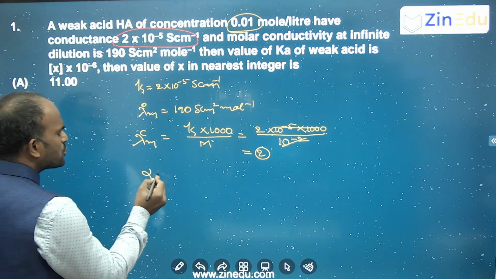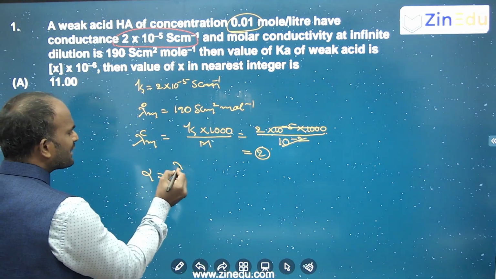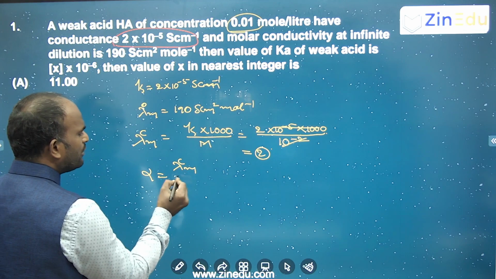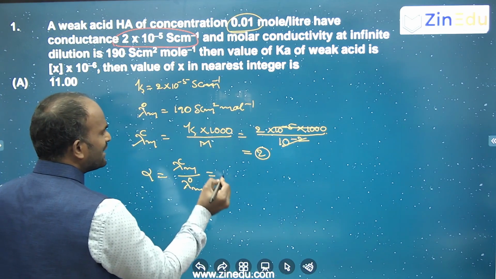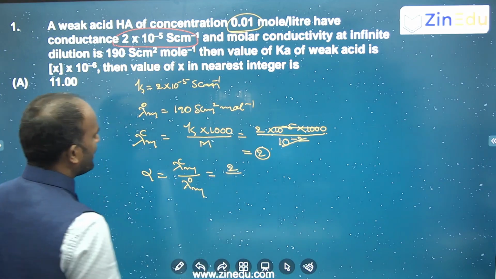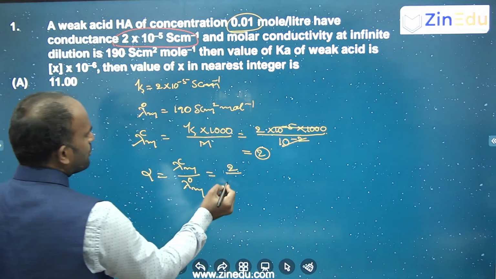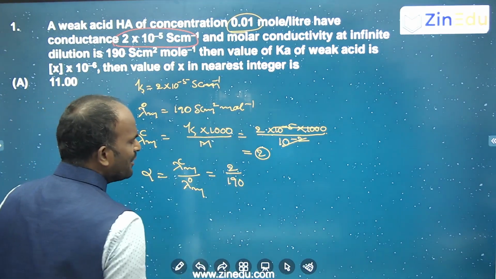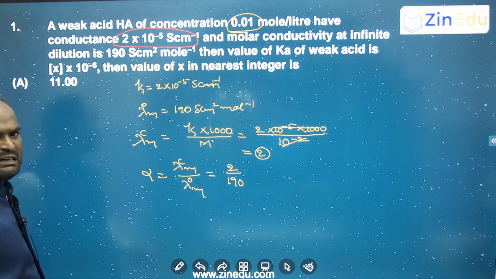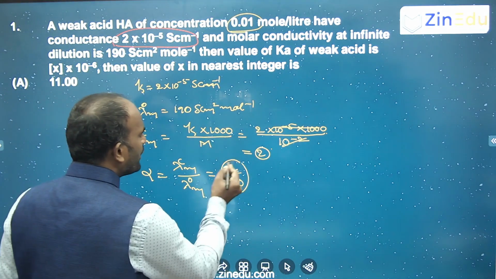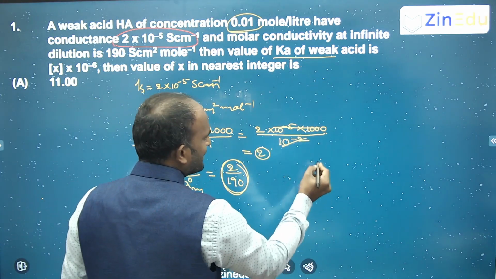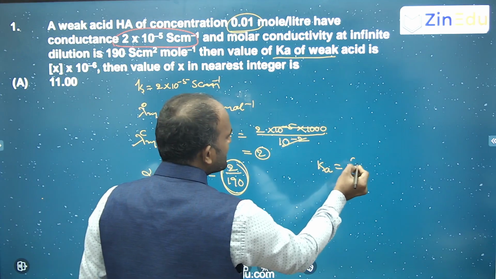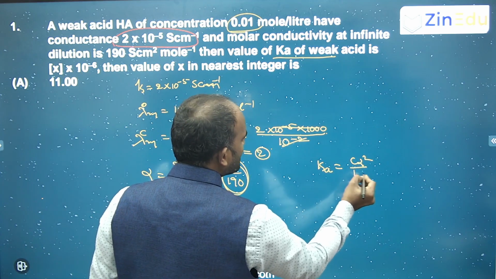Alpha is equal to the molar conductance at given dilution over the molar conductance at infinite dilution, that is equal to 2 divided by 190. From this, it is very evident that the alpha value is going to be very small. Here we need to calculate the Ka of the weak acid. Ka is equal to C alpha square divided by 1 minus alpha.